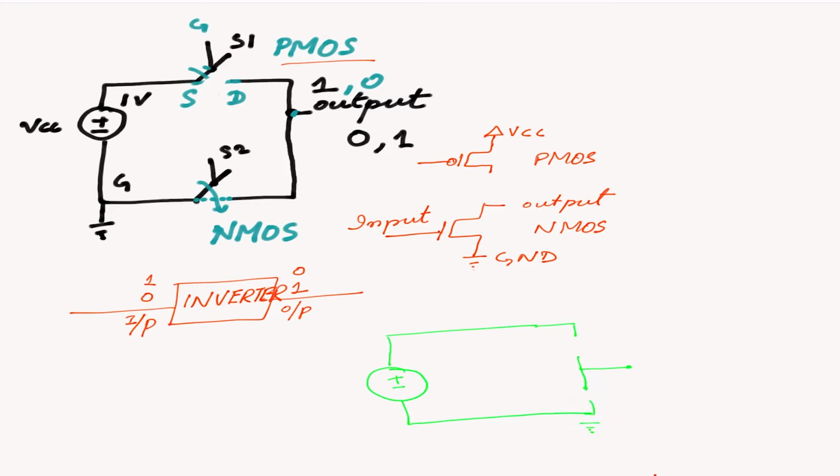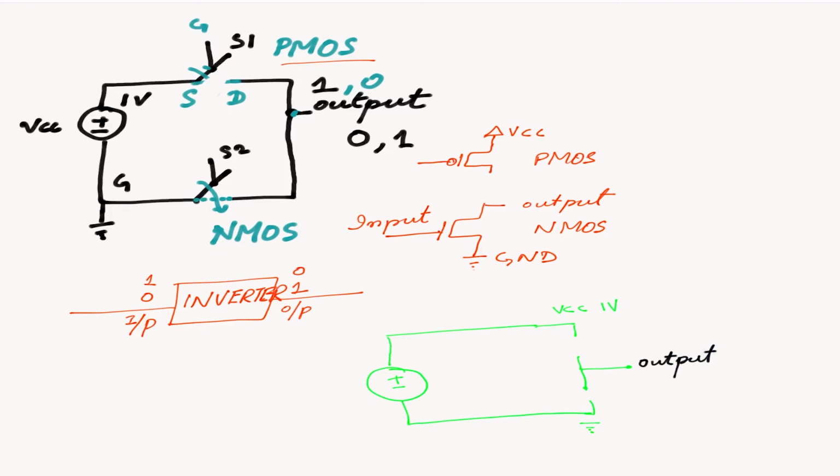This is ground, and this is supply voltage, VCC, 1 volt. I don't know if you can see this clearly, but oops, it's too big. Yep, this is better. This is output, and let's say this is a signal.